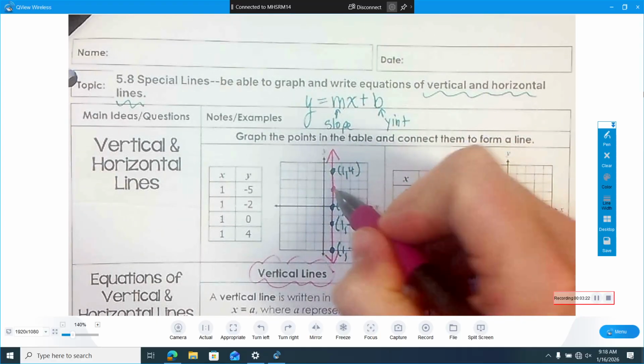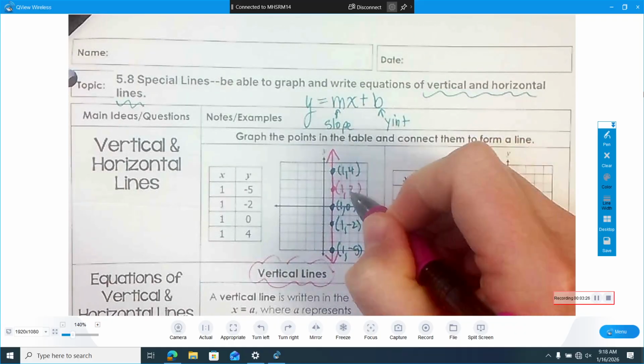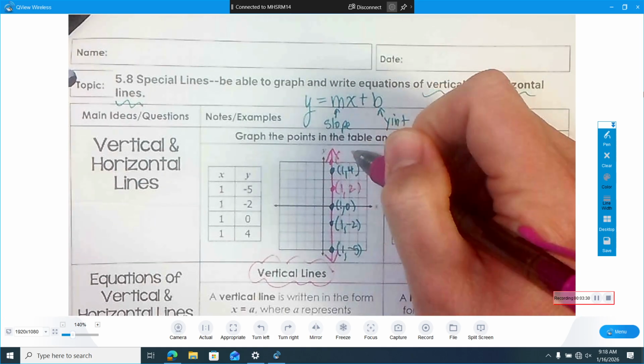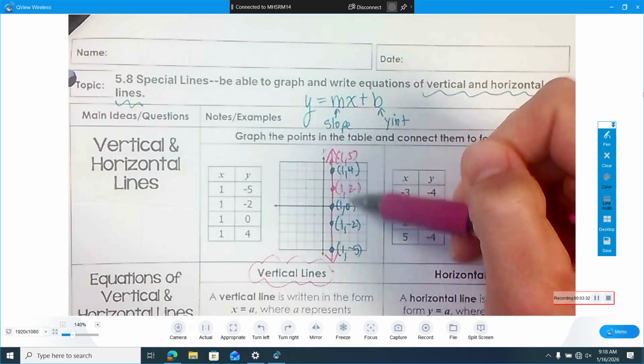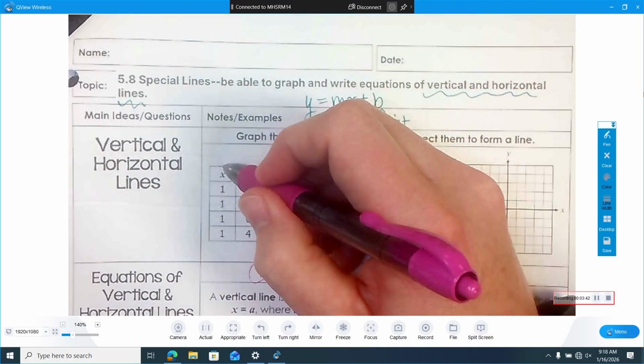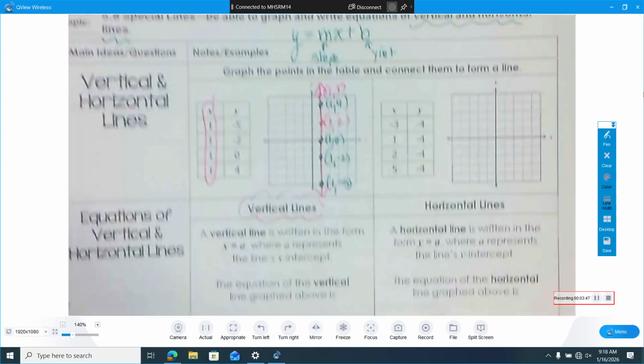And what do you notice about this vertical line? What's this ordered pair? (1, 2). And what about this ordered pair? (1, 5). All of these points have something in common. What do they all have in common? They all start with 1. In other words, the x is always 1.